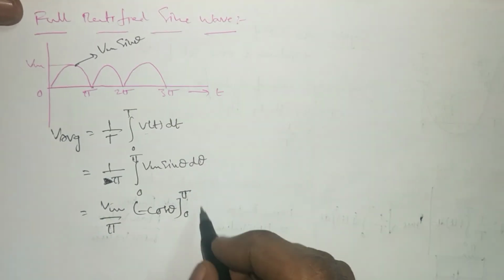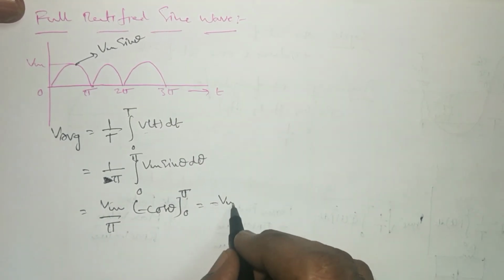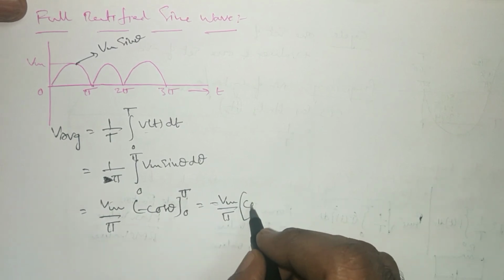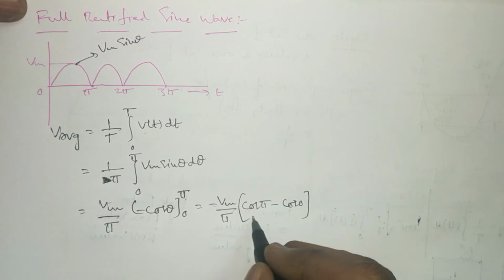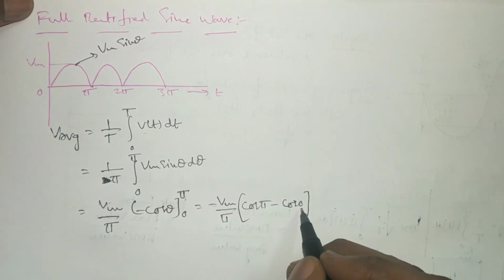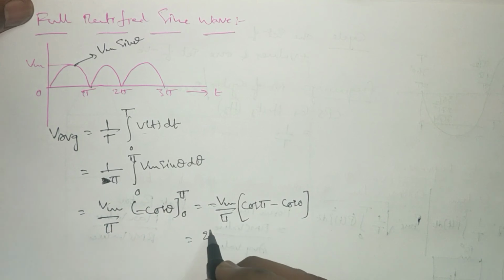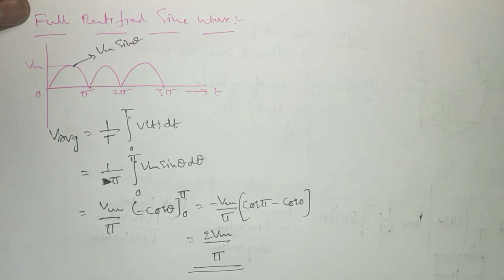When simplified, we get minus Vm by pi into cos pi minus cos 0. Cos pi is minus 1 and cos 0 is 1, so this is minus 2, and minus Vm by pi into minus 2 becomes 2 Vm divided by pi. So this is the average value.